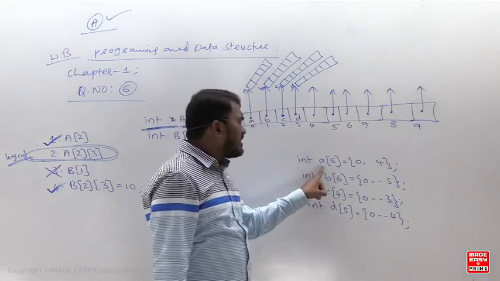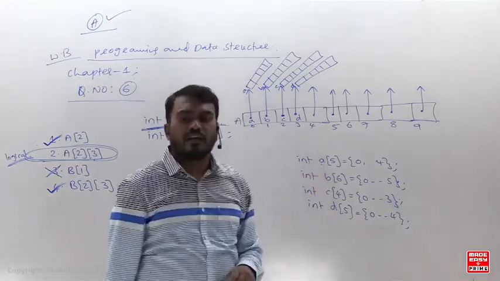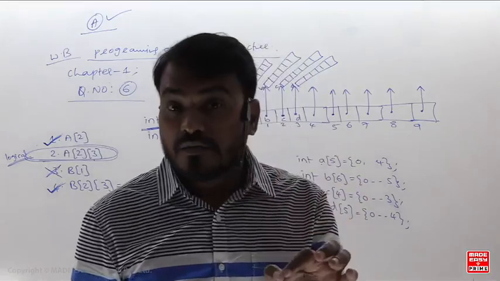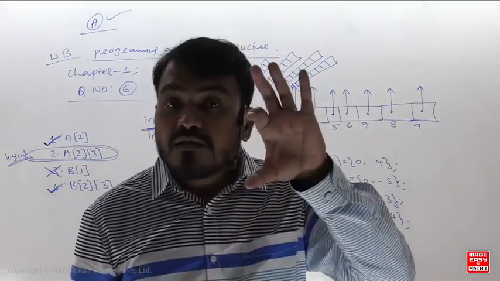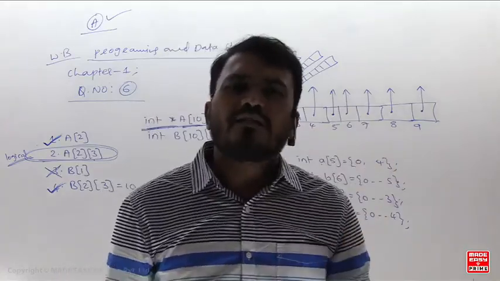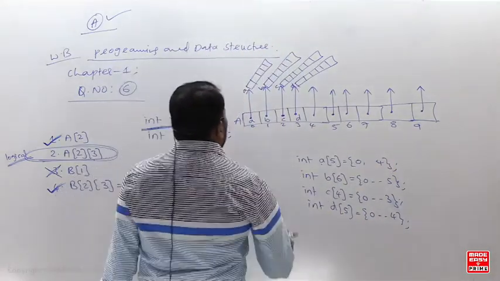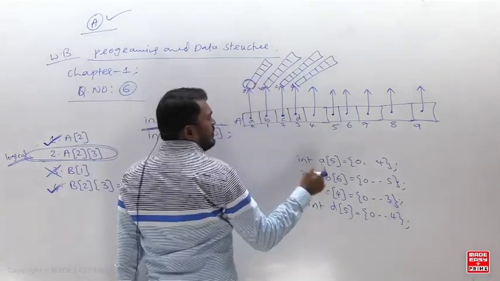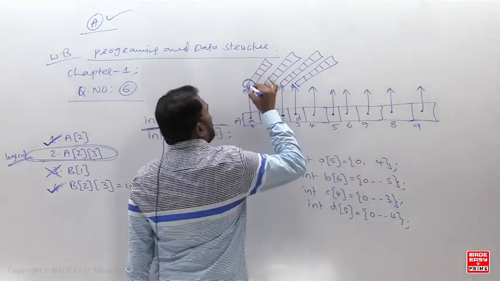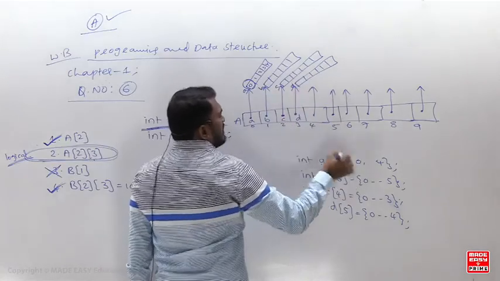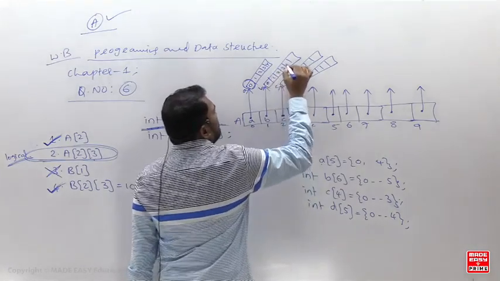Array name without subscript, for a one-dimensional array, will contain the base address of the 0th element. What is that 0th element? An integer only, the address of an integer. So we are storing the address of an integer only, the address of this 0th element. Here a[0], you have elements 0, 1, 2, 3, 4. And next b[6]: 0, 1, 2, 3, 4, 5.